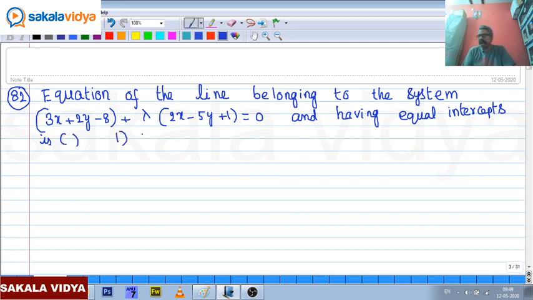First option x plus y equals 0, second option x plus y equals 1, third option x plus y equals 2, fourth option x plus y equals 3.